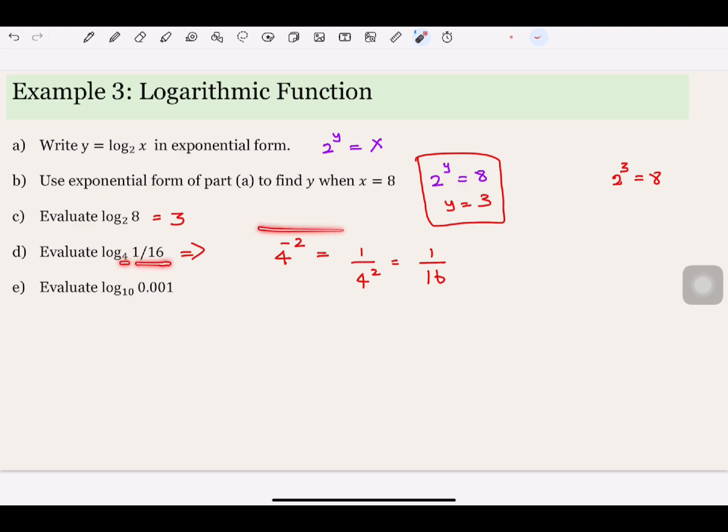Looking at this expression, you know the answer is negative 2. Next, let's move to the final question. Here you have to evaluate the logarithm of 0.001 with base 10. We know that 10 to the power negative 3 is equal to 0.001. So that means the exponent that we need is negative 3.